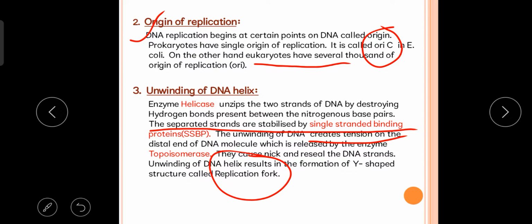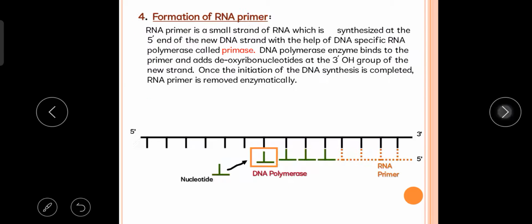Okay, so now let's move to our fourth point. The fourth point is the formation of the RNA primer. Without RNA primer, the production of new DNA is impossible. Why? Because the RNA primer provides the 5' and 3' direction.